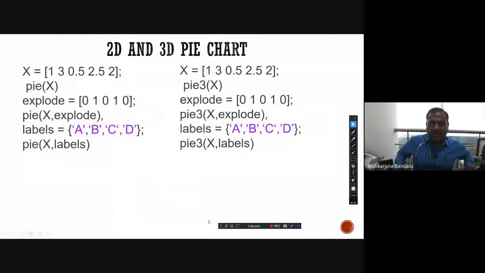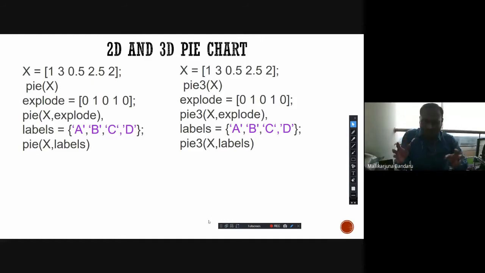Okay. Next, 2D and 3D pie charts. Usually, if you would like to analyze certain people's performance percentage-wise, or certain missions, suppose in a laboratory there are 3 missions. We would like to analyze their performance, at what percentage we are getting the benefit from different missions. There are multiple missions.